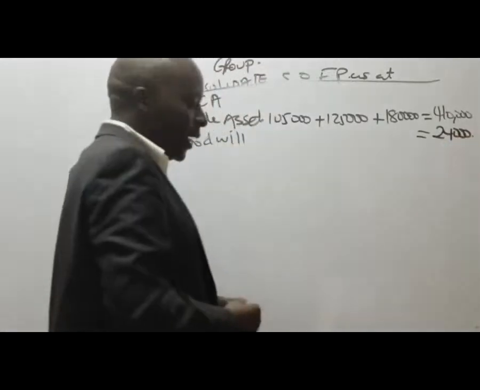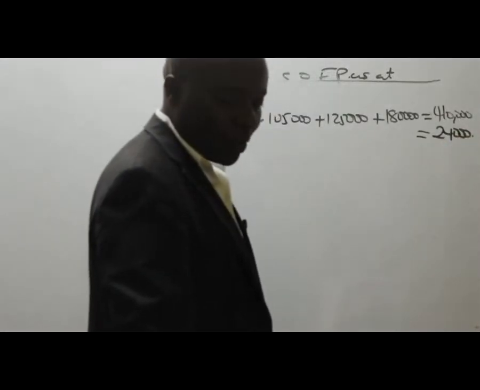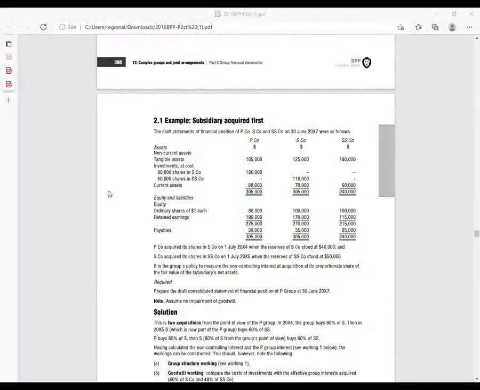Do we have any other non-current asset? None. So give me the current assets. I can see them 80, 70, 60.